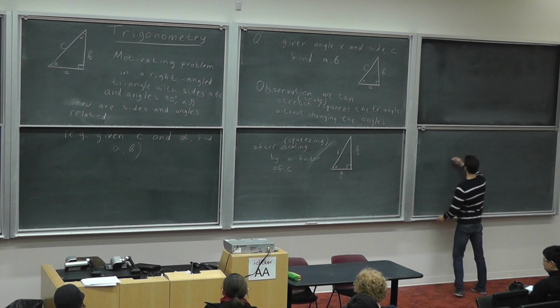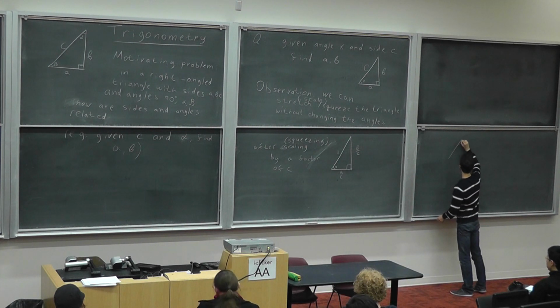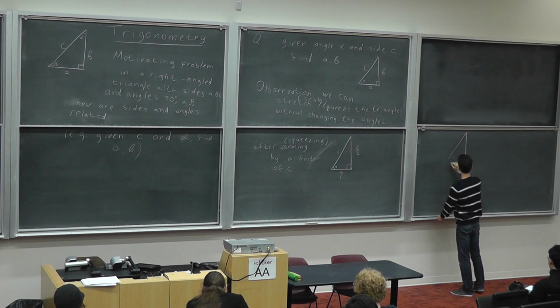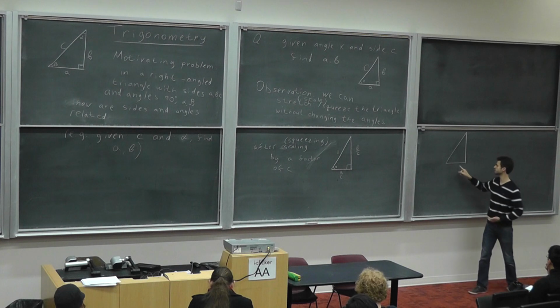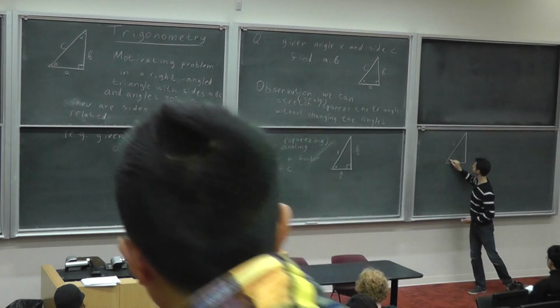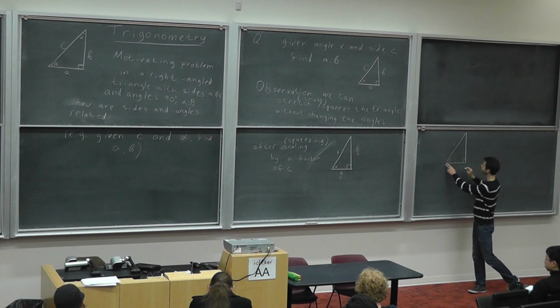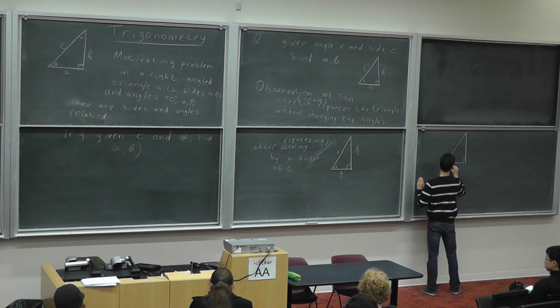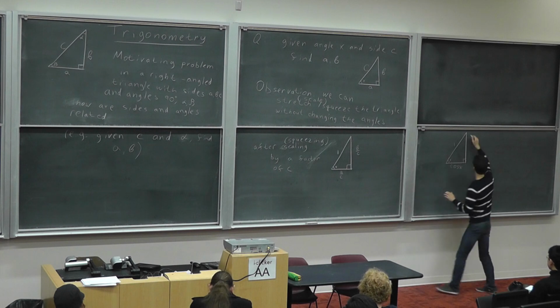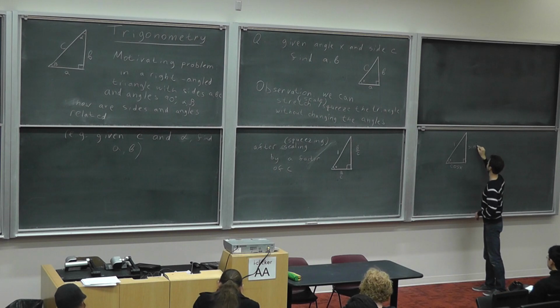And that's exactly what we do. We do not know how to express this length in terms of x. So we give it a name. We call this length the cosine of x, and this length the sine of x.